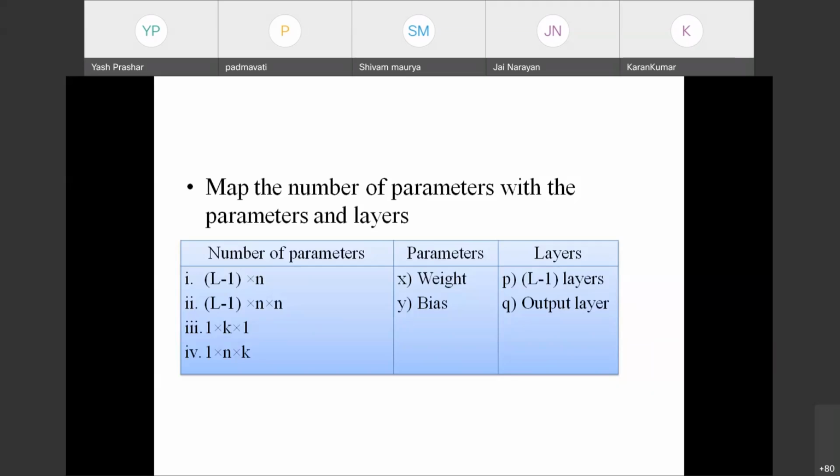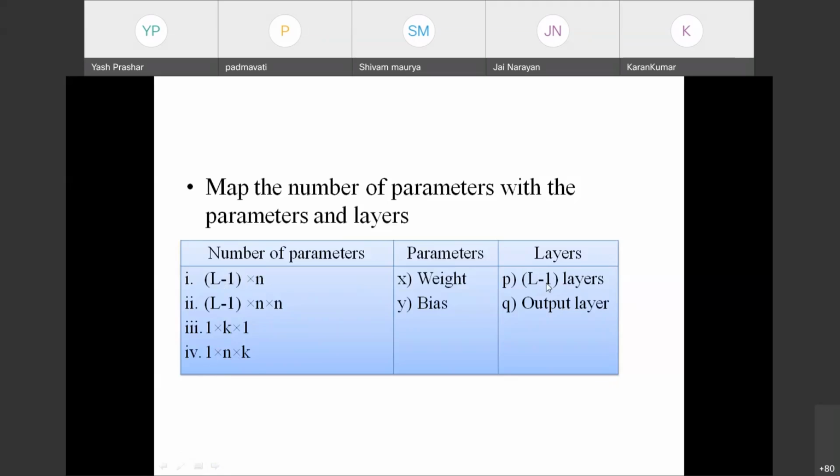Are you all trying to solve? Ma'am, what is this small l denoting actually? Okay, this is not L, this is 1. So 1 into K into 1, and this is 1 into N into K. Again, this is L-1 layers.